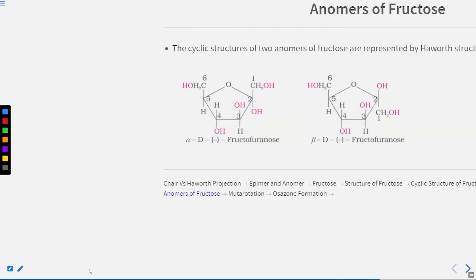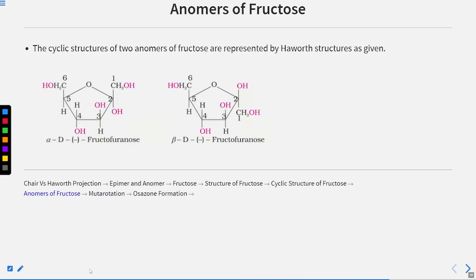Now, let us talk about the anomers of fructose. As I have told you, in this case it is not the C1 carbon but the C2 carbon that is seen. You can see here that at the C2 carbon the configuration has changed. If I want to generalize how you decide alpha and beta, you have to decide it with the help of where the OH group has attacked. If it is attacked on C1, then we look at that one.